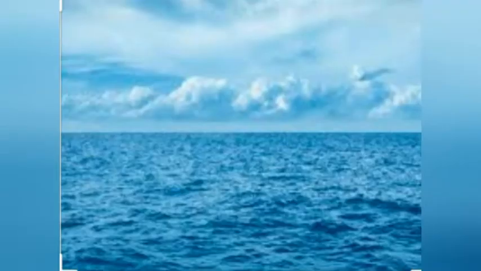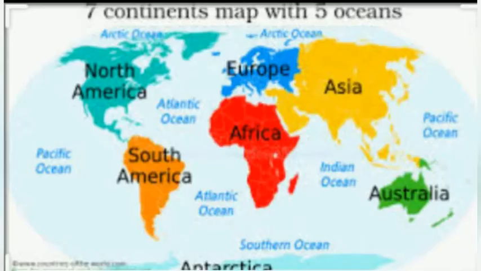Now let's move on to the continents. As you all know, how many continents are there? Yes, there are 7 continents. The land bodies of the Earth are known as continents.